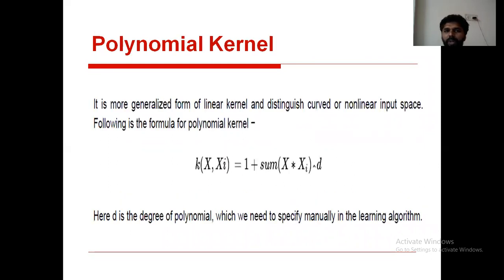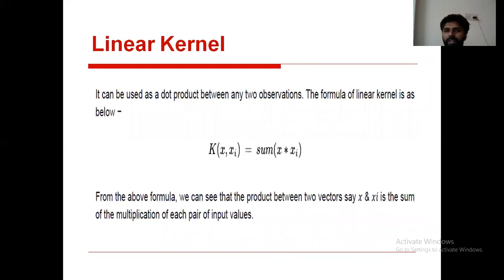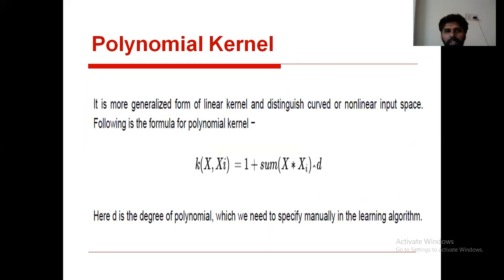And coming to the polynomial kernel. See, in the linear kernel, we performed the sum of multiplications between the vectors. In the polynomial kernel, we are performing the same sum of multiplications along with some additional functionalities. See, observe this.